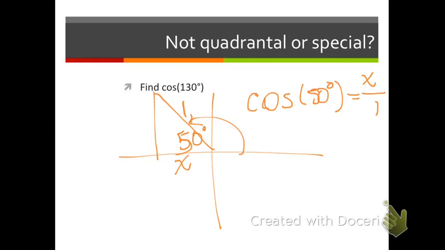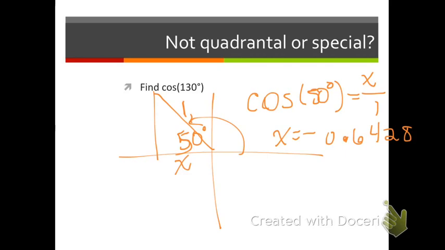Solve for that in my calculator, and then change my answer ultimately to a negative. So if we take the cosine of 50, we get 0.6428. And we would just need to know that the cosine should really be negative here. So it should be negative 0.6428.